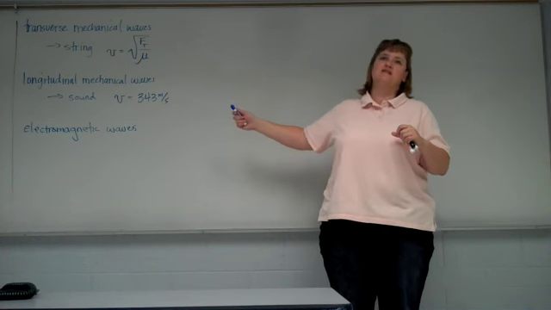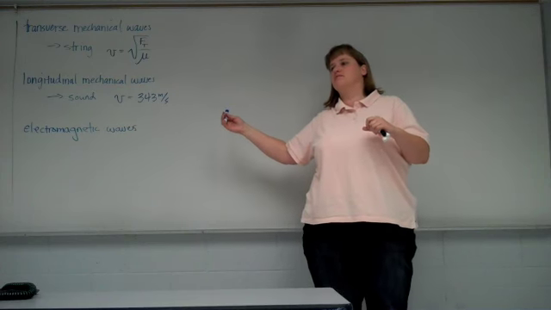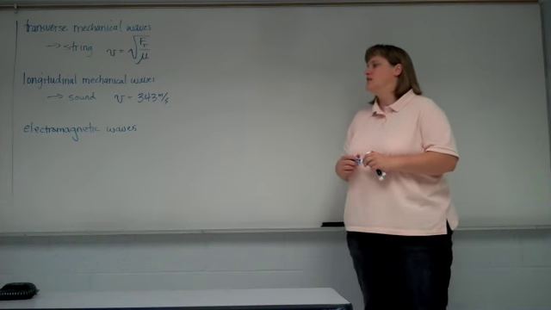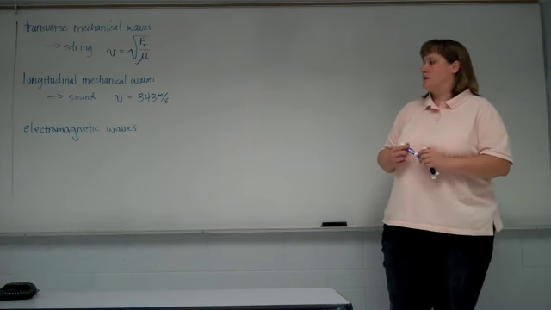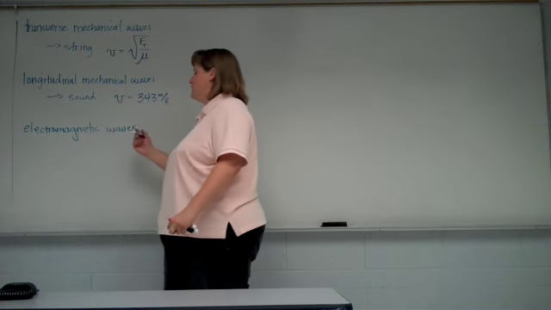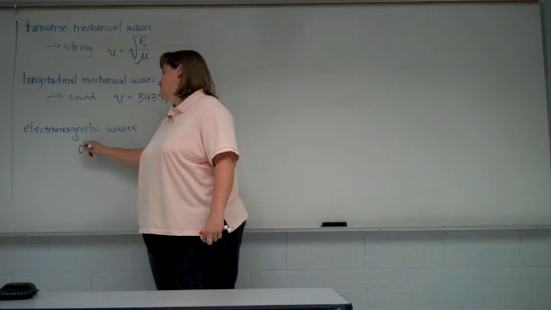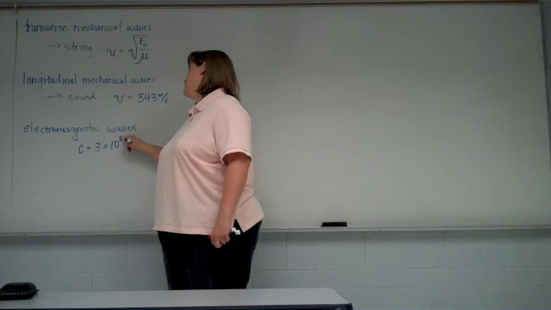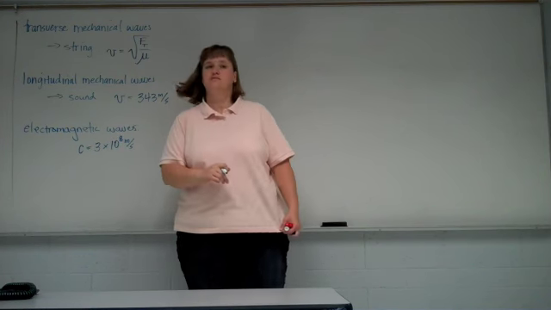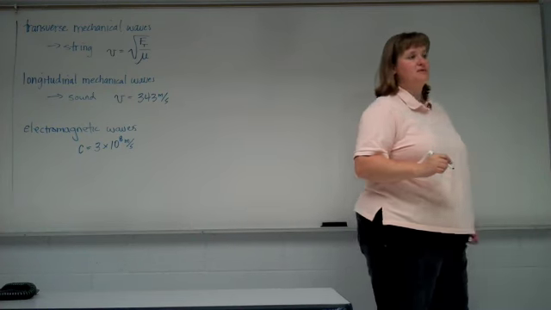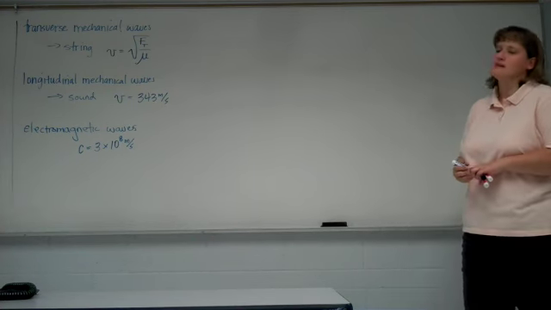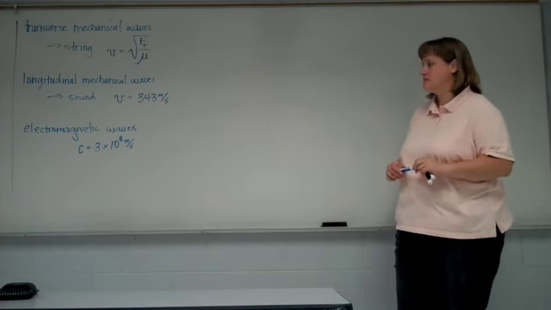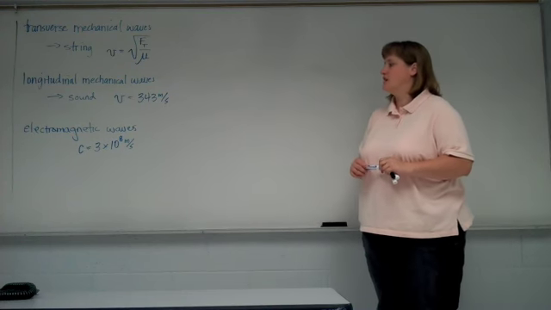There's gamma rays, X-rays, ultraviolet, infrared, microwave, and radio waves are also electromagnetic waves. The speed of an electromagnetic wave in a vacuum is c. It's 3 times 10 to the 8th meters per second, approximately. It's really like 2.998 times 10 to the 8th, but that's close enough to 3 for our purposes.